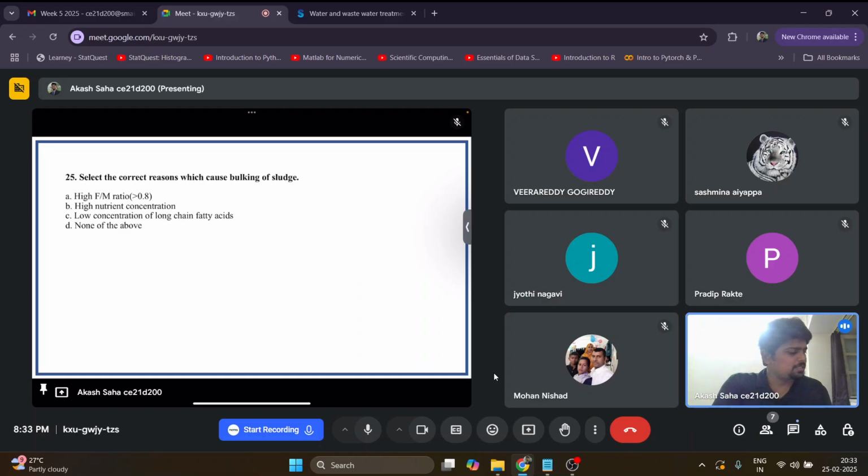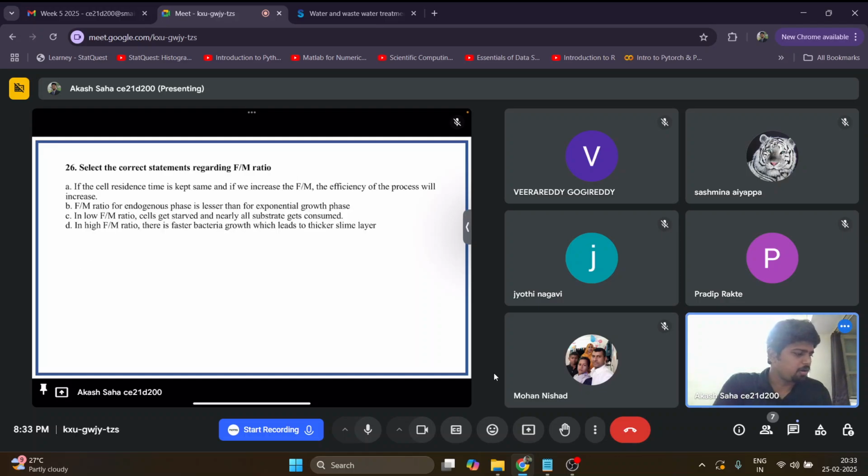Again, the sludge working is coming, so I will skip it because the same questions are coming. This question is a little better. It says select the correct statements regarding F by M ratio. If the cell residence time is kept the same and we increase the F by M ratio, the efficiency of the process will increase.